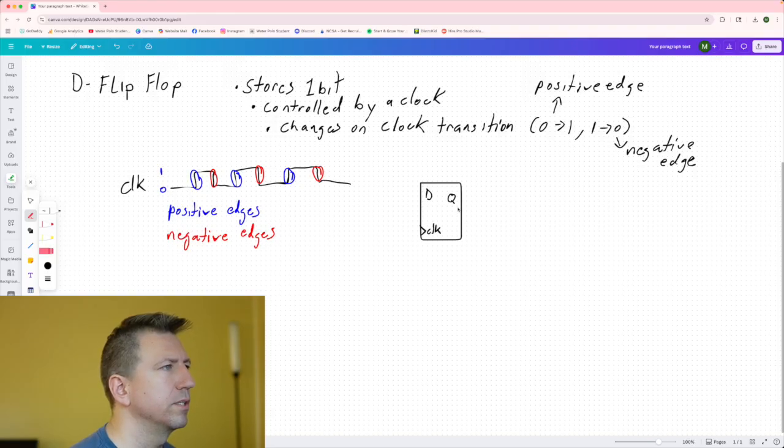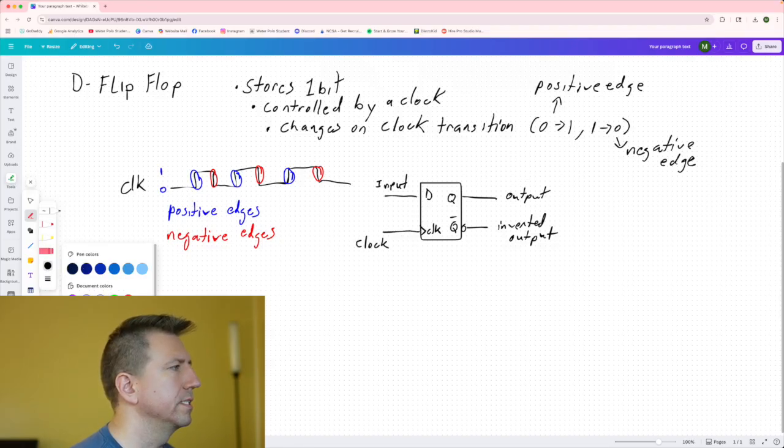It has an output Q and an inverted output Q bar. This is the output, this is the inverted output, this is the input, and this is the clock.